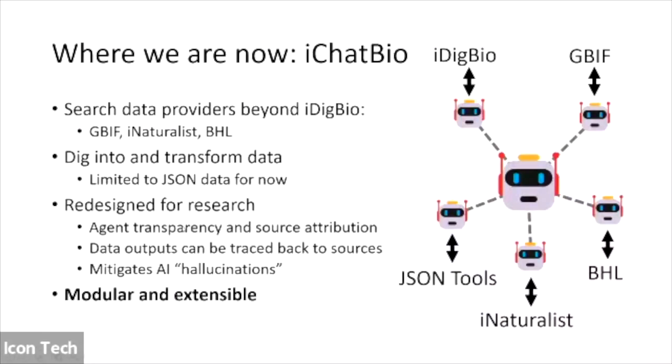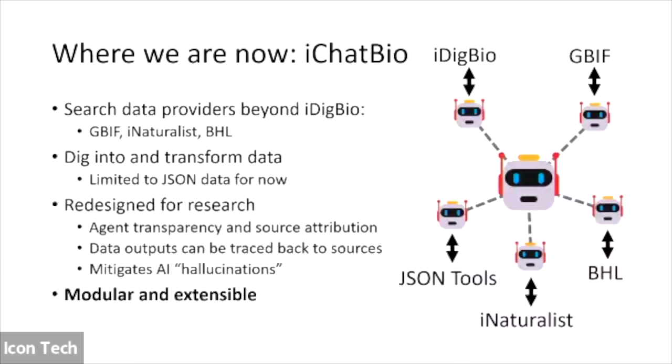And then the whole thing's kind of been redesigned for research, because if you go to ChatGPT and you ask it to give you something or find something, maybe it's even searching the internet, still you don't really get a good trace of how it got that information. You don't know if it's interpreting things correctly. You don't get the metadata, the attributions might be lies. So in the research application, we need to be much more careful to make the system more reliable.